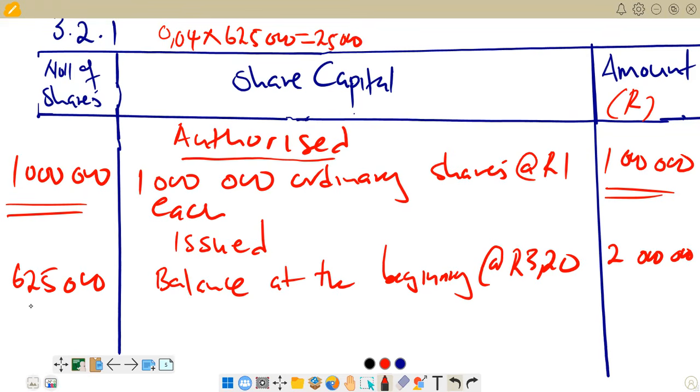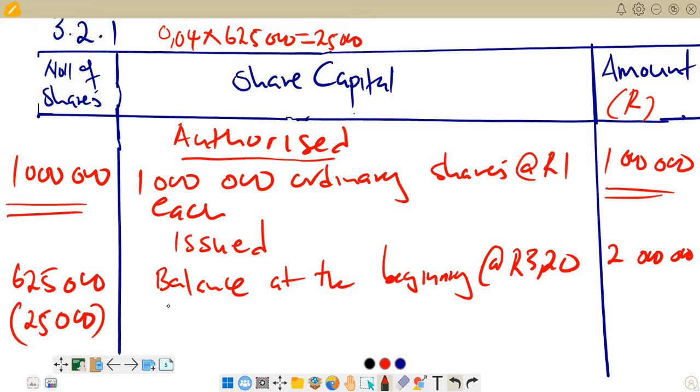So this is, remember, whenever there's a repurchase, there's an outflow of cash. So we show it as a negative in these notes. Even in the retained income note, the excess of the repurchase price over the average share price, we also show as a negative. So here, 25,000 on the quantity of the shares, number of shares, we show it as a negative that they are going out.